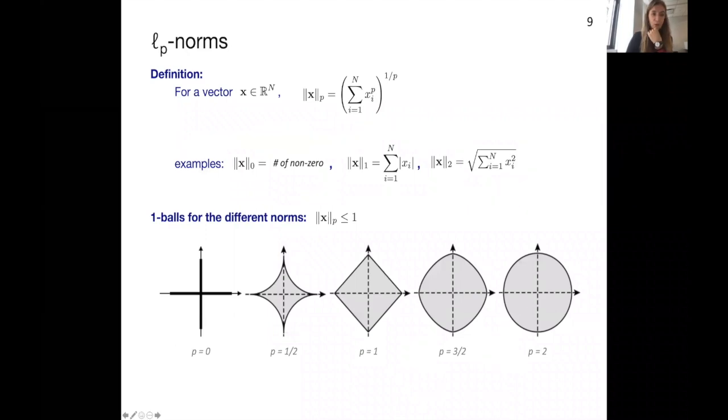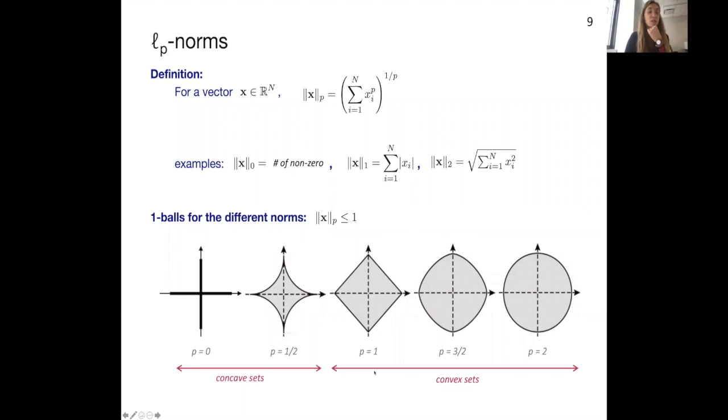We have all those different sets for p equal to 0, 1/2, 1, 3/2, and 2. They have interesting properties: for p strictly smaller than 1, the sets are concave. Otherwise, they are convex sets. You can also notice that for p smaller or equal to 1, they are spiky. Otherwise, they are not spiky.